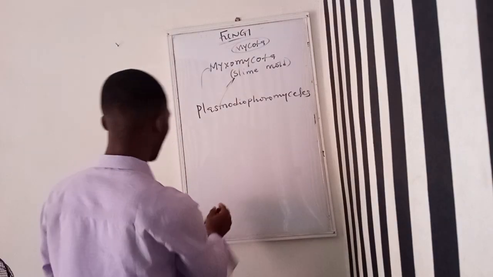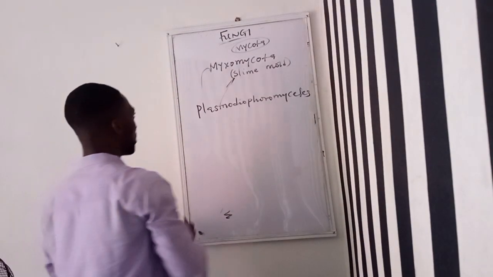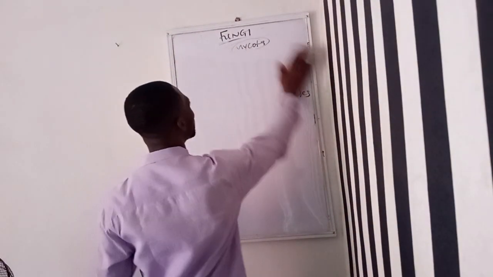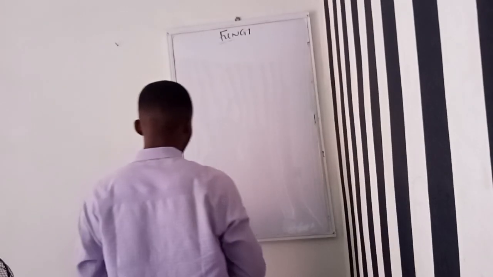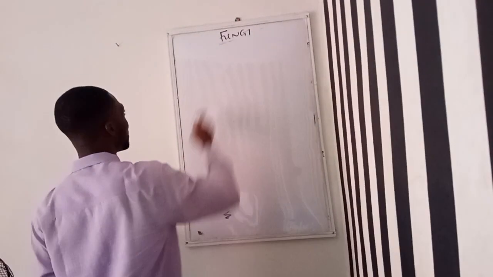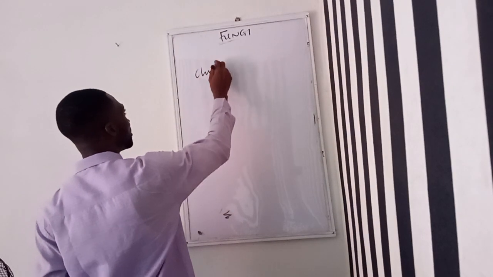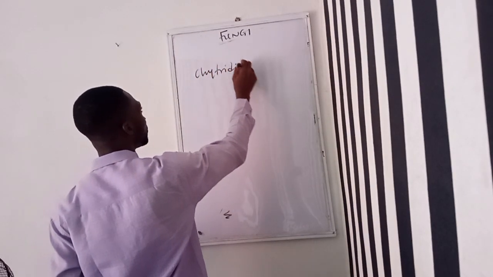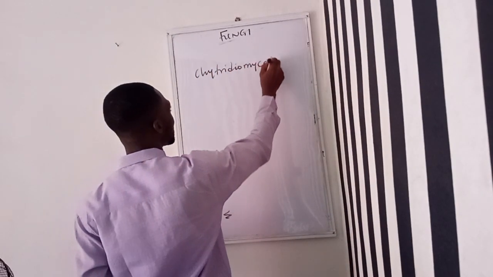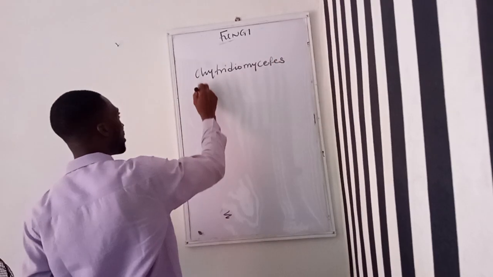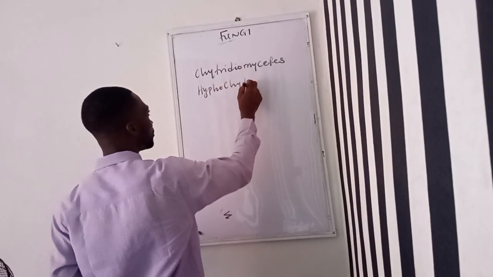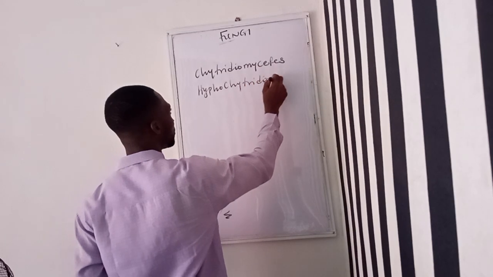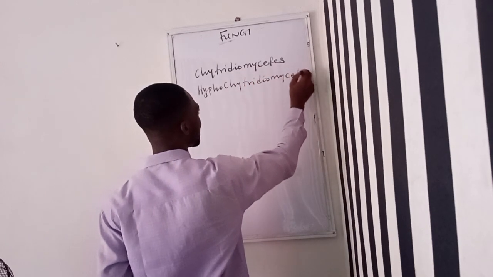Under the true fungi, we'll have the following groups. I can call them classes. We'll have the Chytridiomycetes. We'll have Hyphochytridiomycetes.